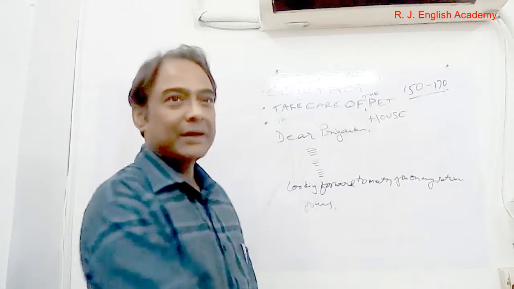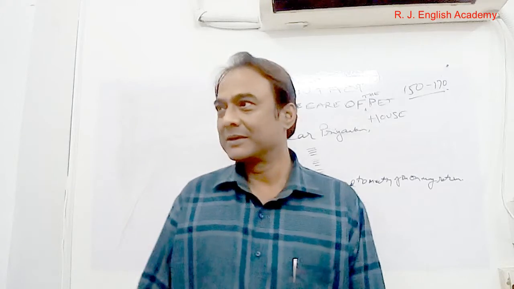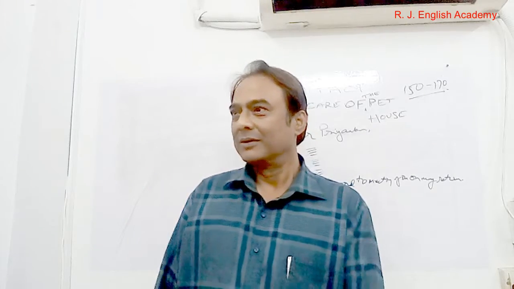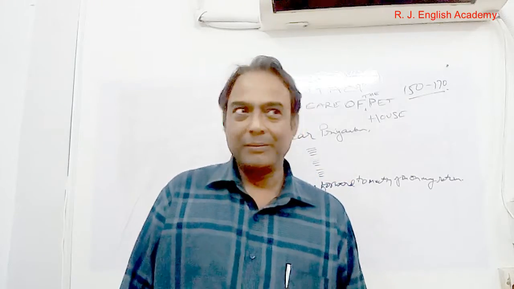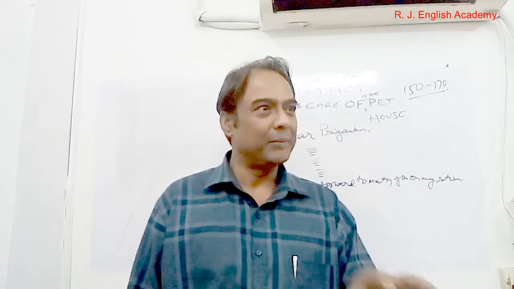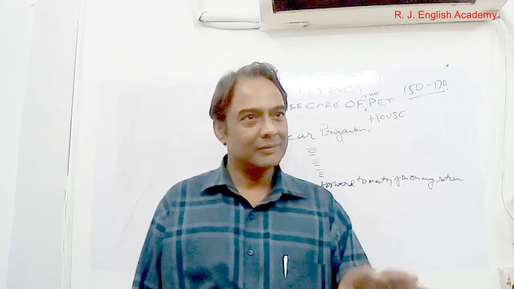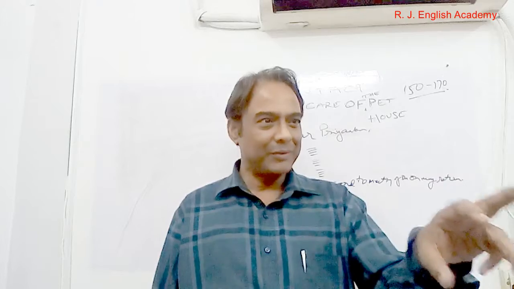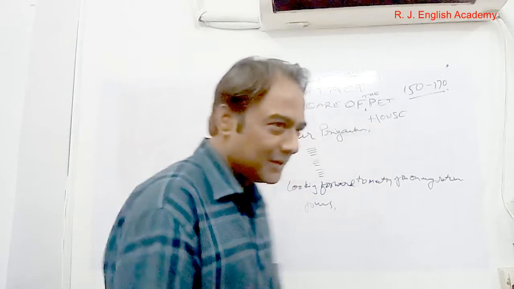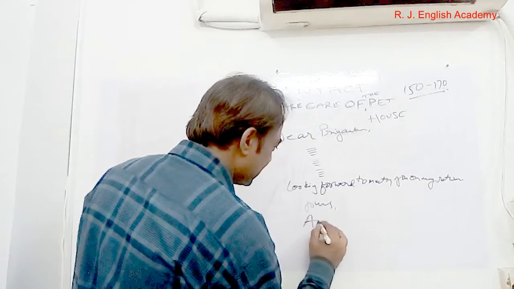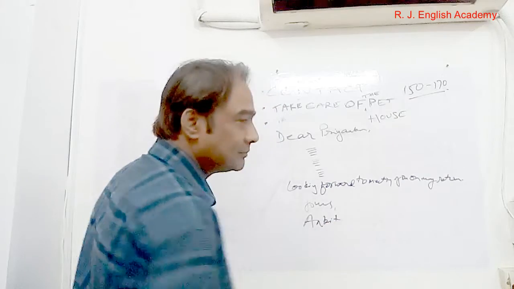And first name, don't write a Western name. Don't write Catherine or Susan or Richard. Use your own name. For example, if your name is Ankit, you use yours, Ankit, A-N-K-I-T.